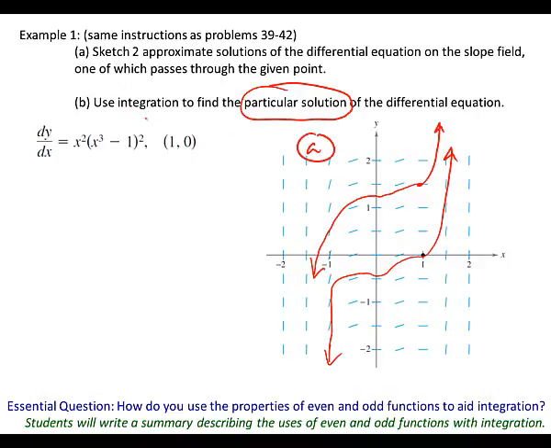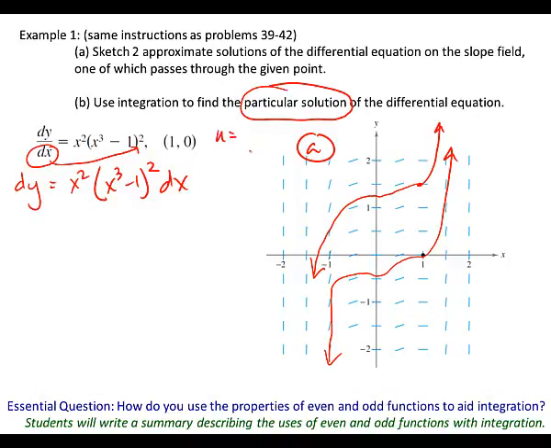Now we need to use integration to find the particular solution. The first thing I'm going to do is take this dx and move it to the other side, separating our variables. So dy equals x squared times (x cubed minus 1) squared dx. We need a u-substitution, right?